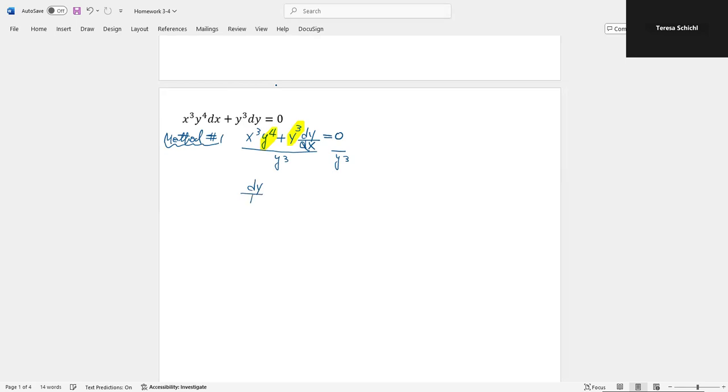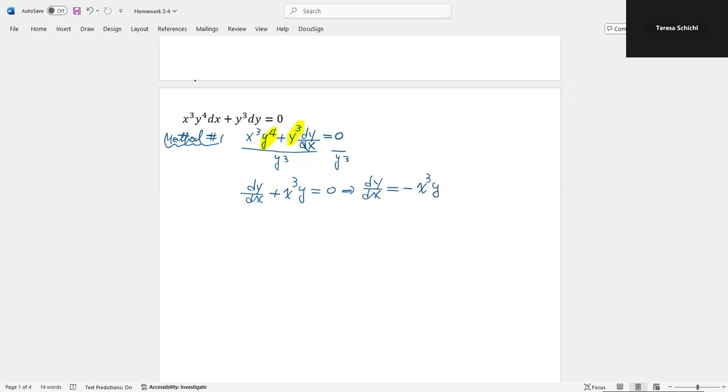So dy dx plus x cubed y equals 0, being careful about the algebra. Then I can move the x cubed y to the other side, so dy dx will be equal to negative x cubed y.